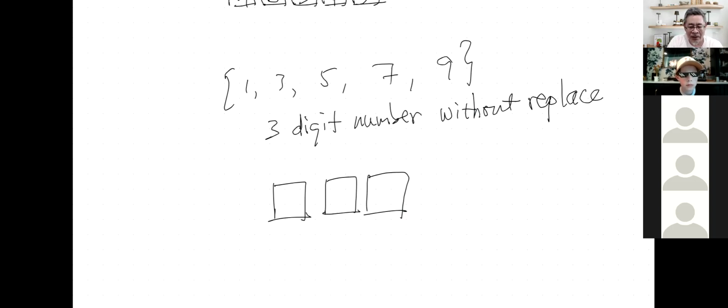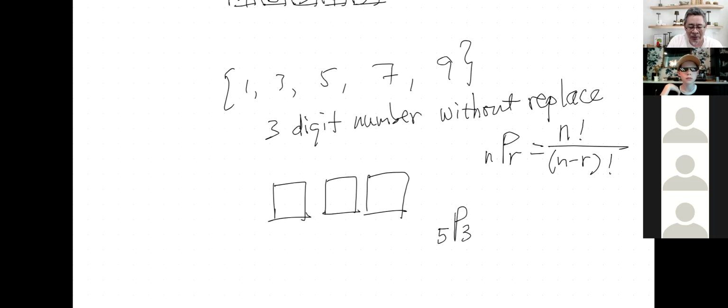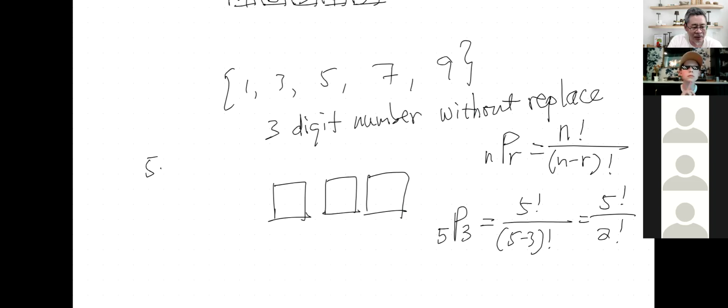We got n and n minus r. In this case, we got five, and we picked 3 out of 5. So that equals 5 factorial over 5 minus 3 factorial. That's 5 factorial over 2 factorial. And that's simply 5 times 4 times 3 times 2 factorial divided by 2 factorial. That cancels. We got 5 times 4, 20, 20 times 3, 60.